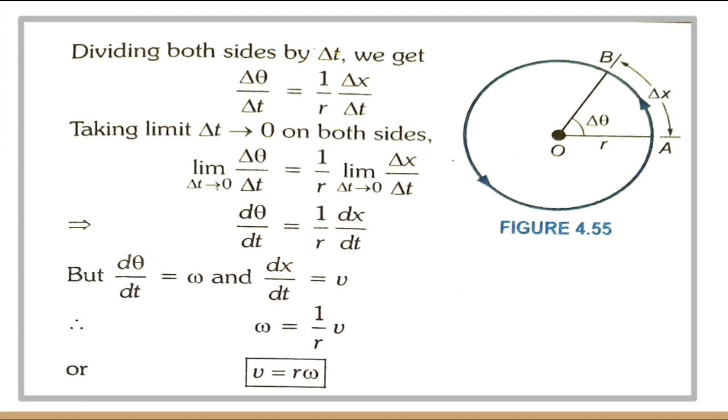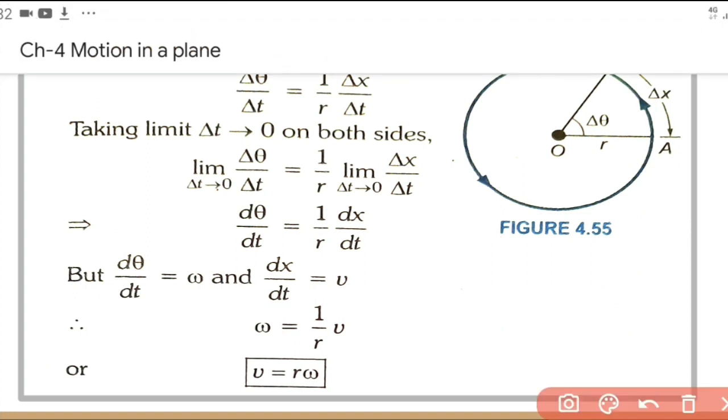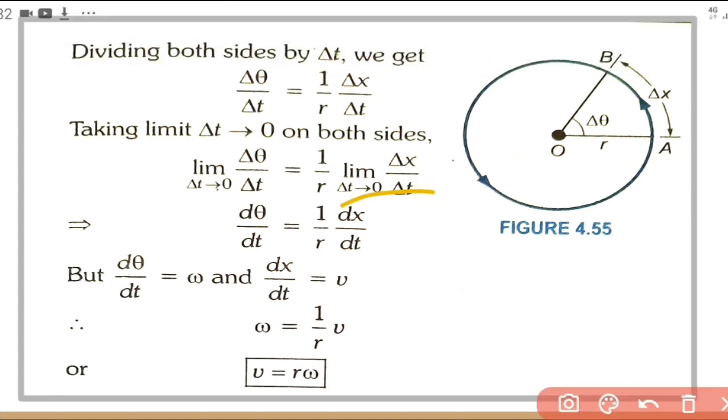Now applying that limiting condition, limit delta t tends to 0 delta theta by delta t, that is 1 by r, limit delta t tends to 0 delta x by delta t. You know, limit delta t tends to 0 delta x by delta t, that is nothing but dx by dt.